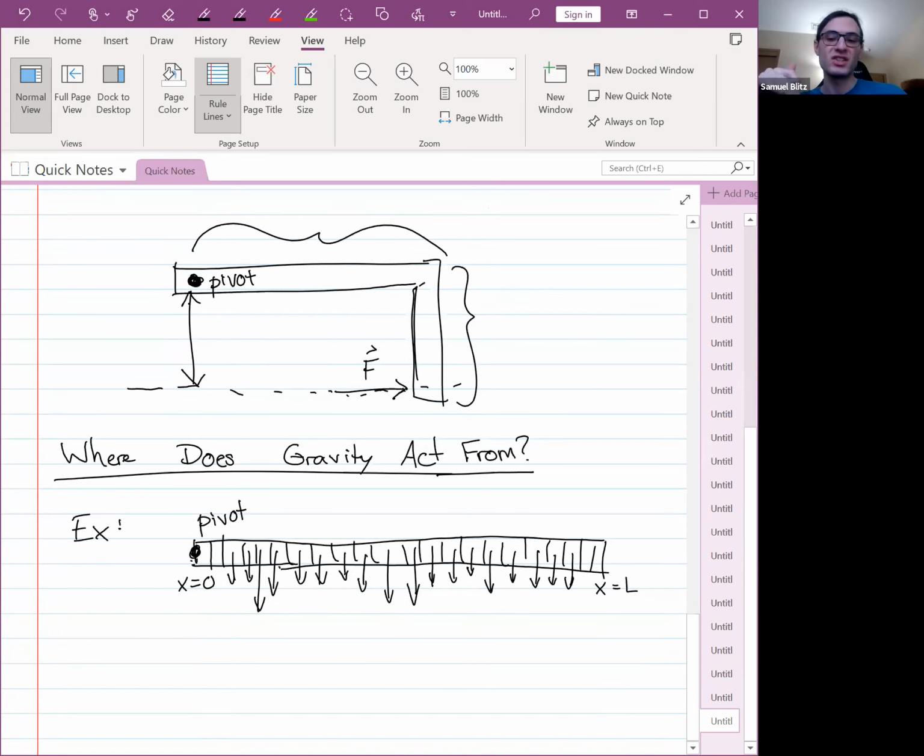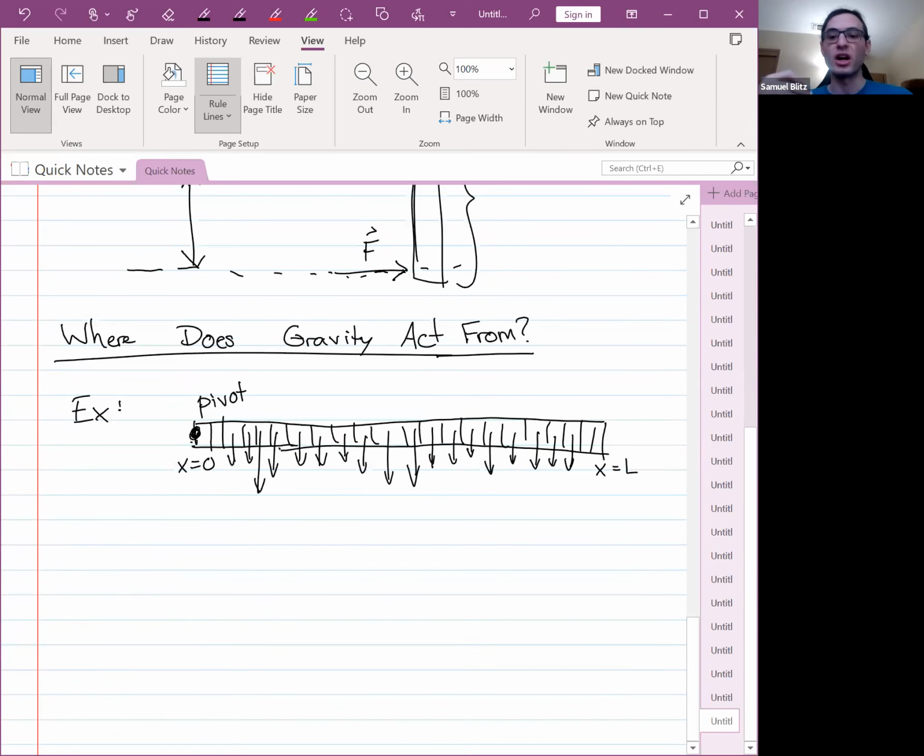So the question is, what is the torque due to gravity on this rod? And by the way, we don't know where the center of mass is. So let's just look at the torque due to one chunk of the rod. Let's say that chunk is at position x and has mass dm, infinitesimal chunks, right?